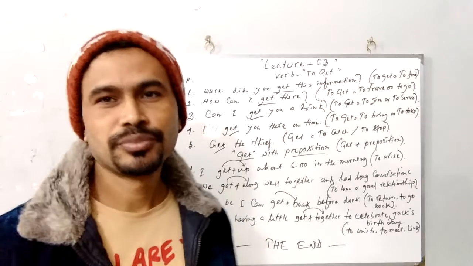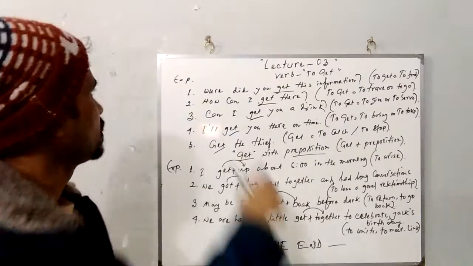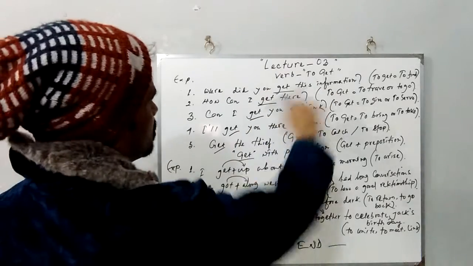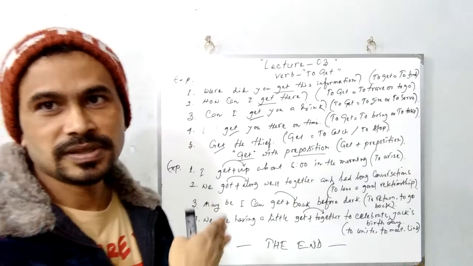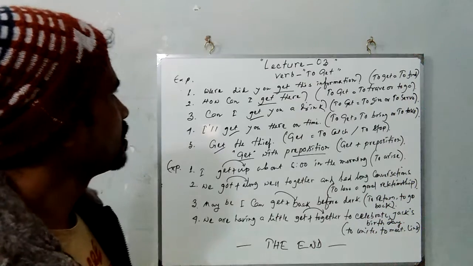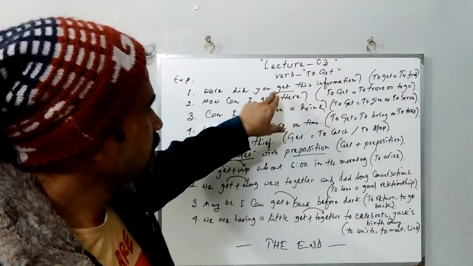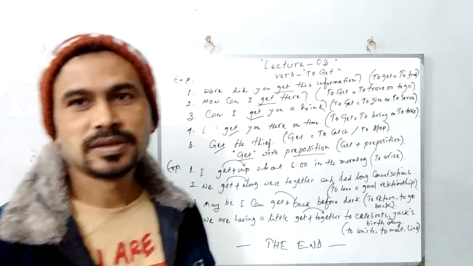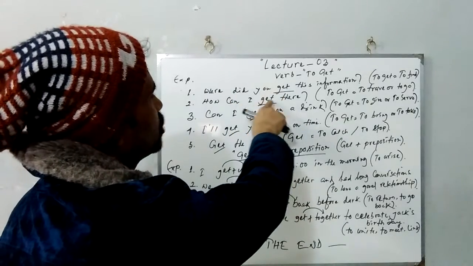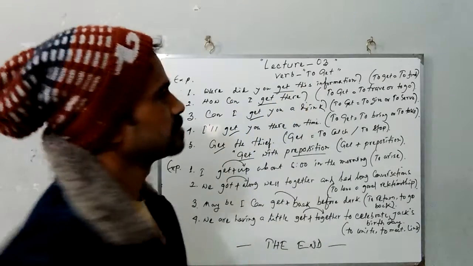So let's see one sentence, okay? Number 1, where did you get this information? I repeat this sentence. Where did you get this information? Okay, so instead of this sentence, I can say, where did you find this information?